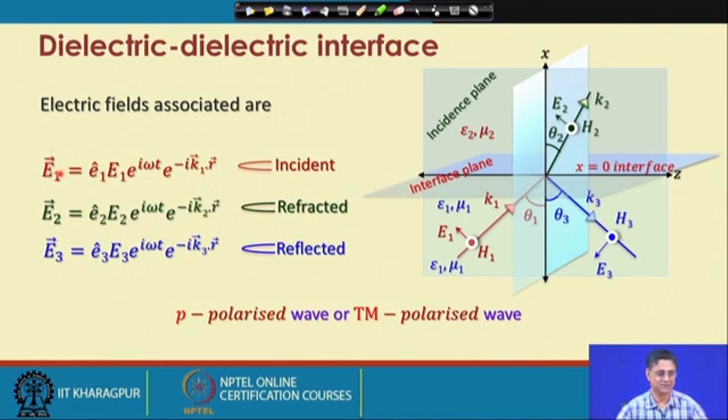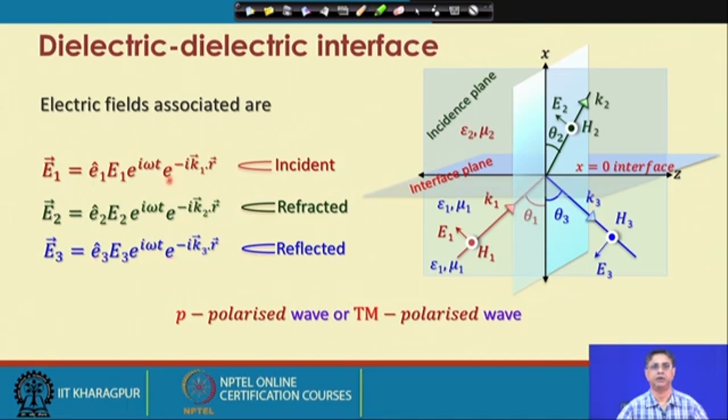Let us consider the electric fields, plane wave fields associated with the incident wave as u1 e to the power of i omega t e to the power of minus i k 1 dot r. K 1 is the propagation vector along the direction of incidence. E2, similarly we have an expression, that is e to the power of i omega t e to the power of minus i k 2 dot r, and likewise for the third part, that is the reflected part, we have this expression.